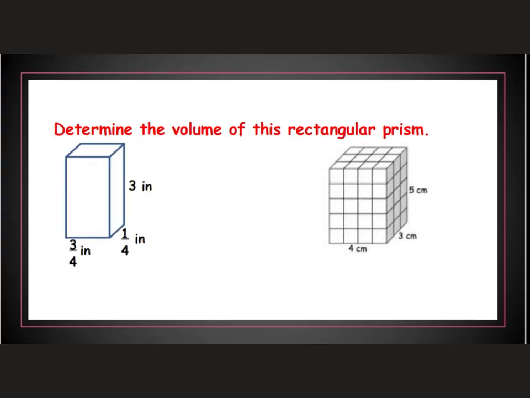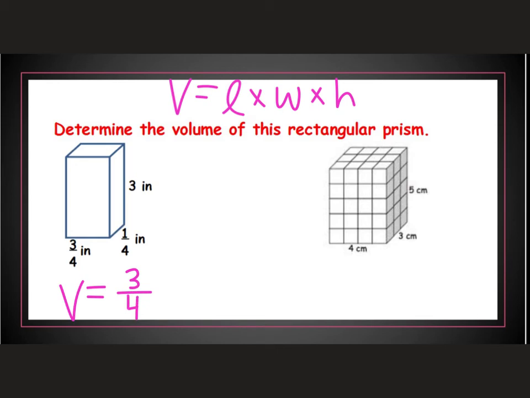All right, let's take a look at a few more here. Same idea, we're still using our formula. Volume equals length times width times height. If you take a look at the figure on the left, we have some fractions, which is fine. We still treat it the same exact way. So plug in volume equals our length, 3/4, times our width, 1/4, times our height, which is 3.